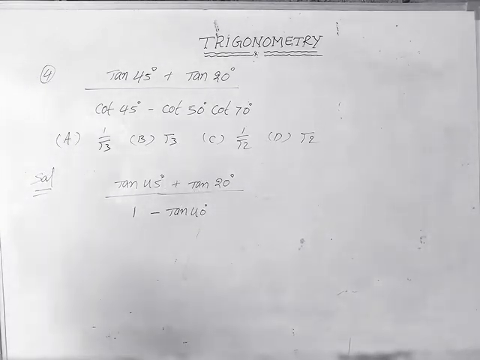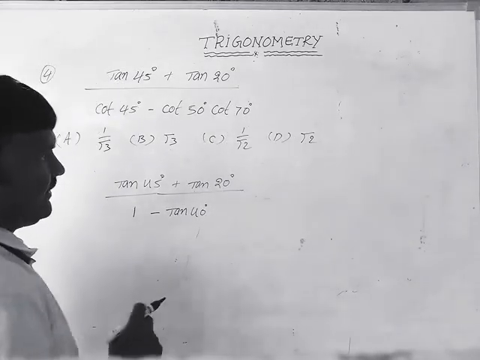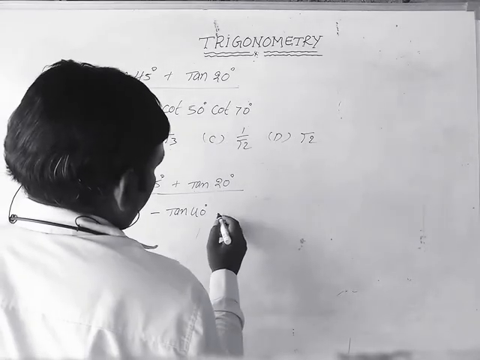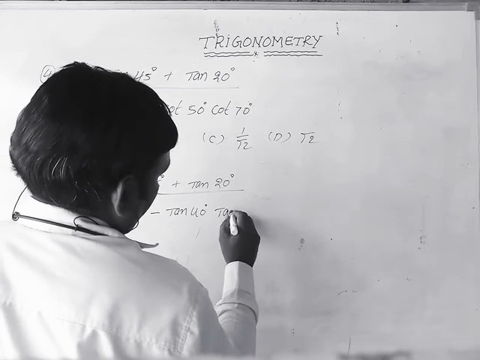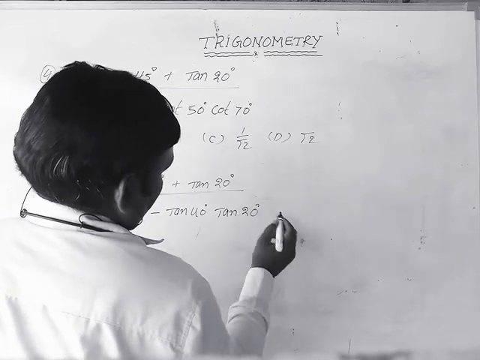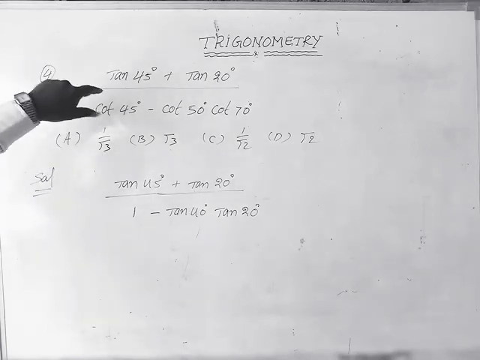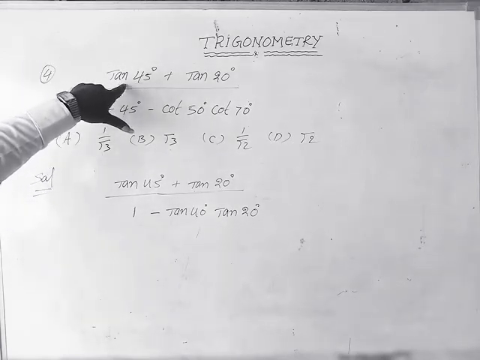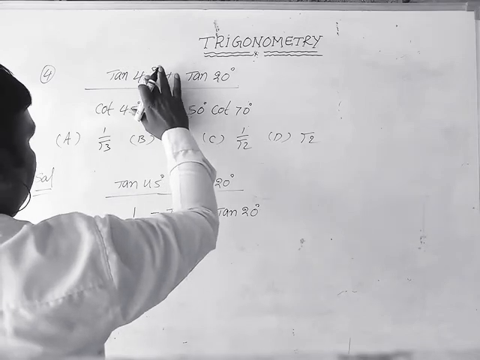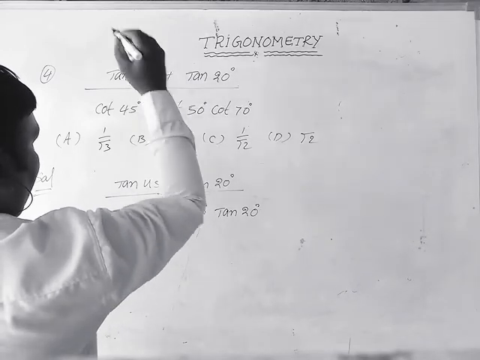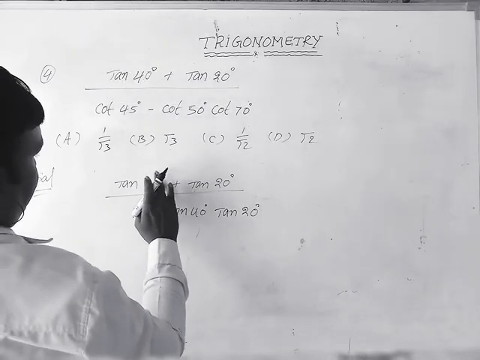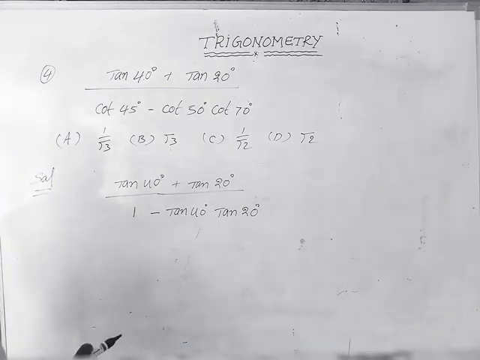At the same time cot 70 degrees means tan 20 degrees. Sorry, a small change here. This is not tan 45 degrees. This is tan 40 degrees.